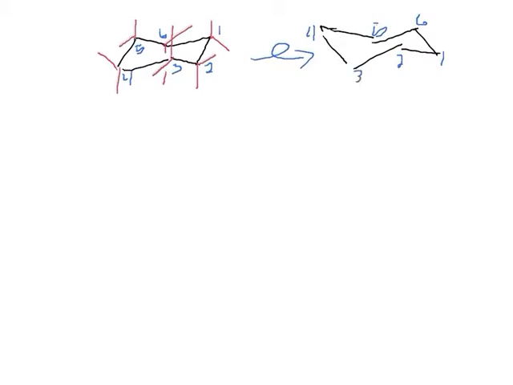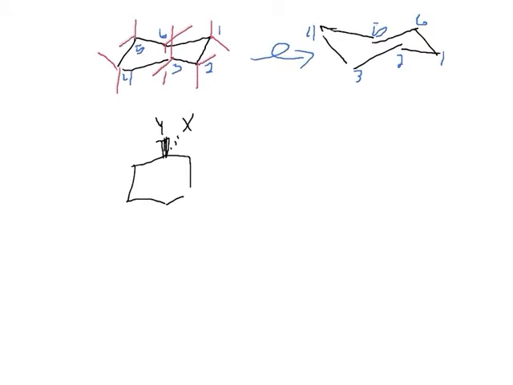Now the interesting part about this is, if I drew a 6-membered ring and said Y is pointing up and X is pointing down, Y will always be pointing up and X will always be pointing down. Y will not always be axial though. It won't always be axial, as long as it's pointing up.